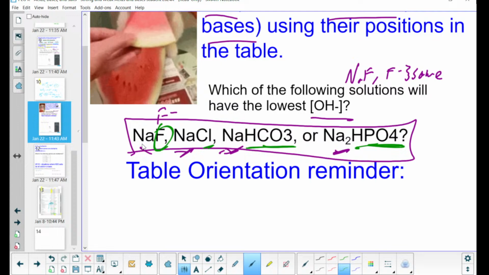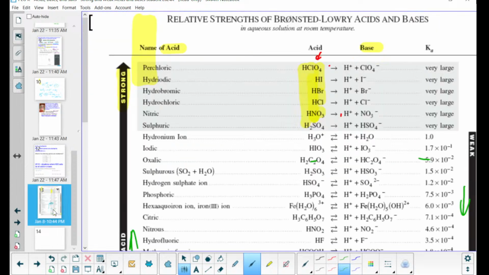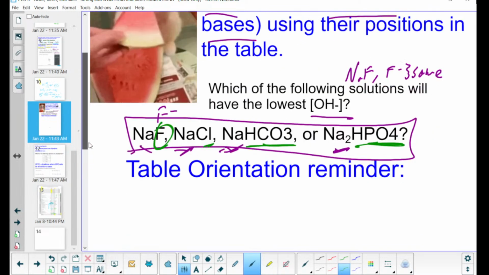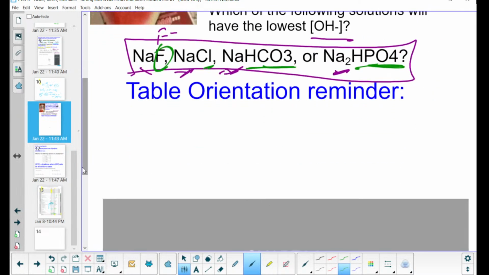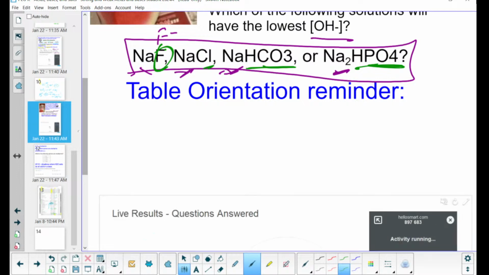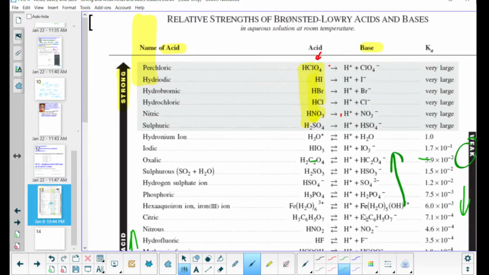A reminder, it goes weaker the higher up you go. What's weaker than F minus?